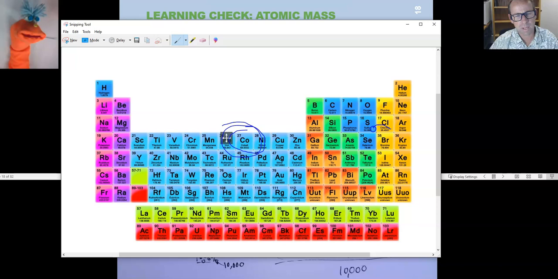It's the average mass of a naturally occurring chlorine atom. So the average mass of a naturally occurring hydrogen atom is 1.0079, titanium 47.88, and so forth. Okay, good job. We're going to need to know that, so remember that.